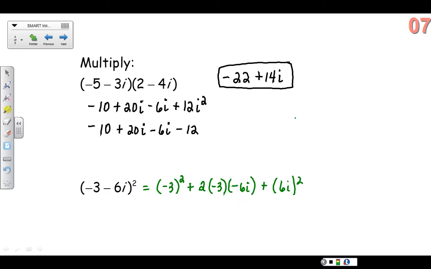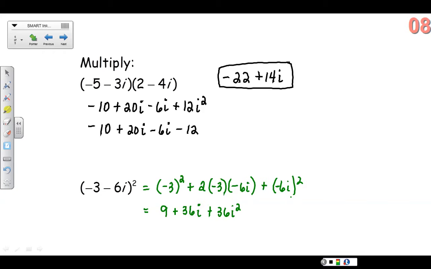So let's see what we would end up with here. Negative 3 squared would give me a positive 9. In the middle, we have two negatives multiplied, so that gives me a positive. 2 times 3 is 6, times 6 would be a positive 36i. And then 6i, this actually should be negative 6i squared, but this negative is going to go away when I square it anyway, so that's going to be plus 36i squared.